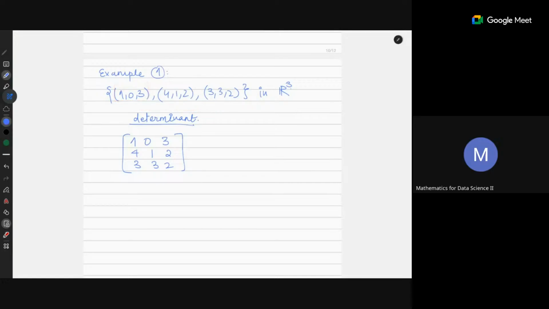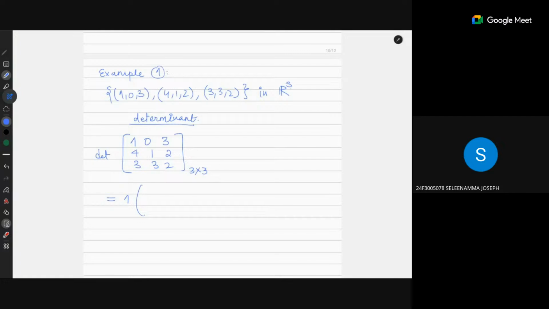And now to check independence, you can just take the determinant. If the determinant is 0, then they are dependent. If the determinant is non-zero, then they are independent. Okay, so what is the determinant of this matrix?